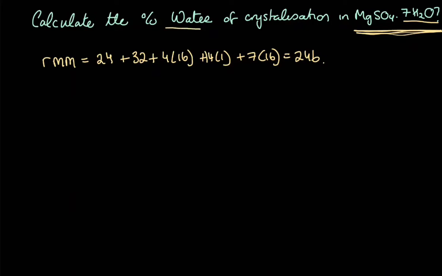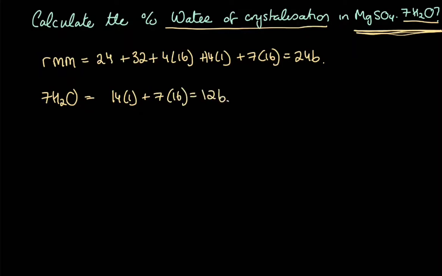We want to compare the water of crystallization, so the 7H2O section. So if I take that and find out the relative molecular mass of just the water section, it's going to have 14 hydrogens, each with an atomic mass of 1, and 7 oxygens. Okay, so then we can again just compare this number against this number. And we can find out the percentage water that's present in that molecule.